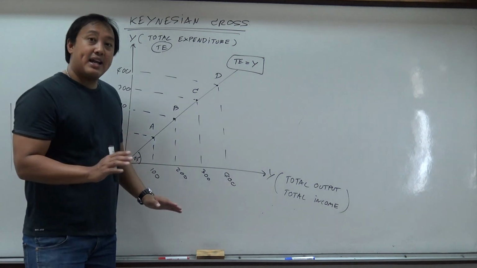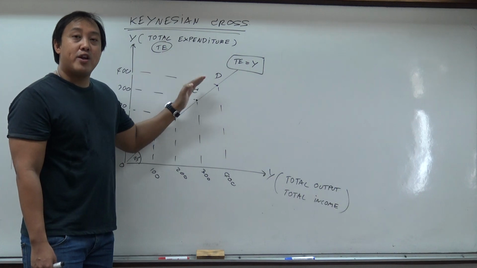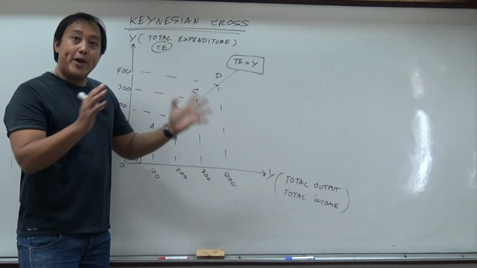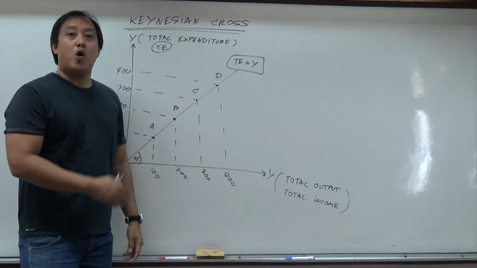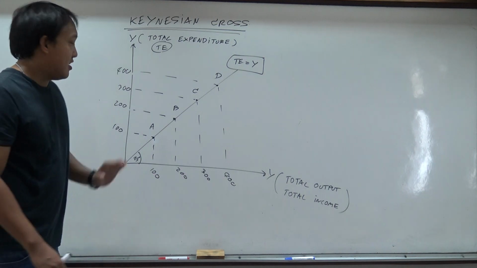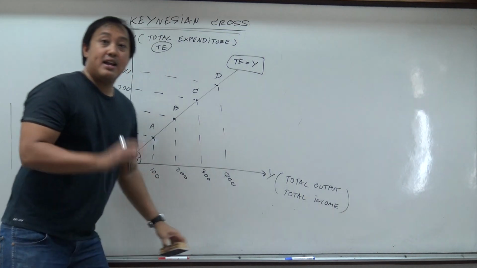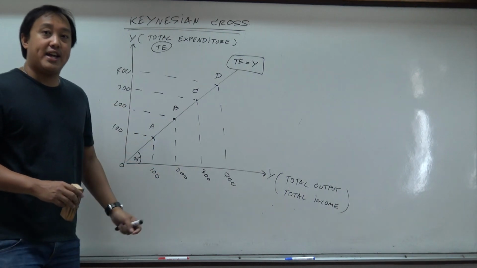So again, the meaning is that at every point on the 45-degree line, for the whole economy, total income and total output are always equal to total expenditure. That's it. This is just an overview of the 45-degree line.